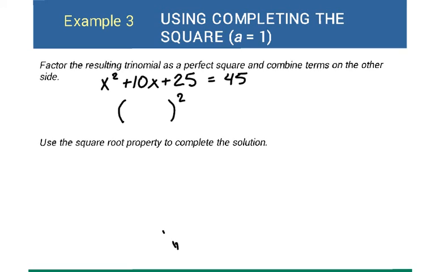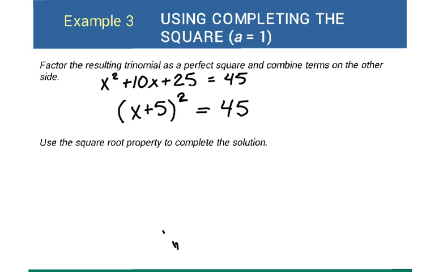So what I know it to be is (x plus 5) squared. If you don't believe me, you can multiply (x plus 5) squared out completely on your own, and you should see that it does equal x squared plus 10x plus 25. So here we go. That is equal to 45.